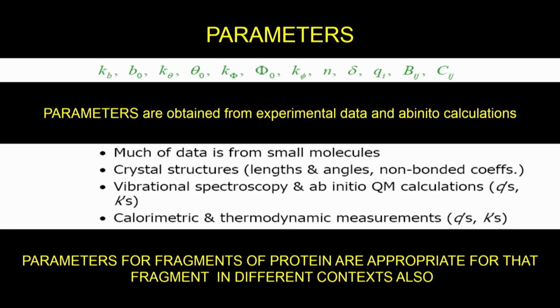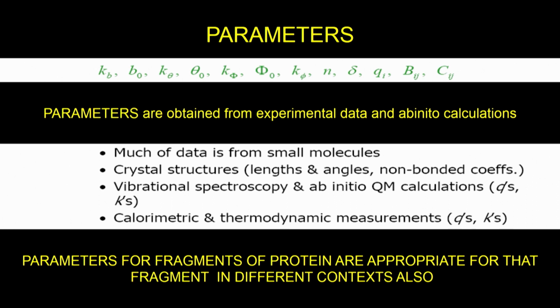We cannot get all these parameters from a big peptide, but using small molecules like 200, 250, 300 molecular weight, we get them from crystal structures, because when you crystallize an organic molecule, we can get the length, angle, non-bonded coefficients, so we can run some molecular mechanics calculations and then fit the findings to the experimental data and get the parameters. We can get them from vibrational spectroscopy, some of the vibrational Raman or IR.